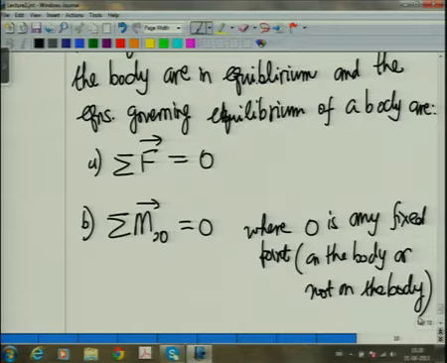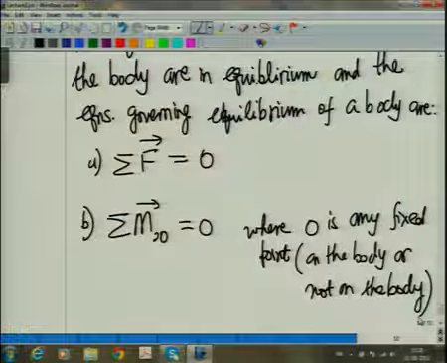The governing equations of equilibrium become, for a rigid body, sum of forces is equal to 0 and sum of moments about a point O is equal to 0, where we qualify that point O is any fixed point.